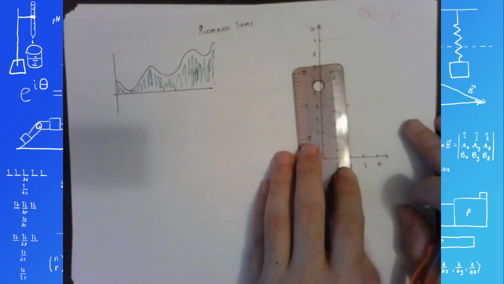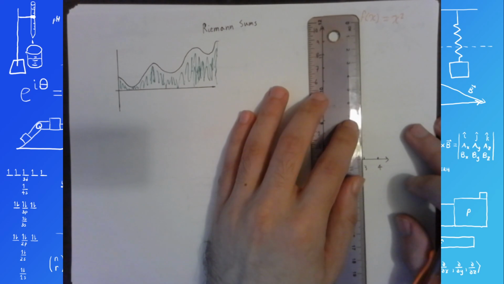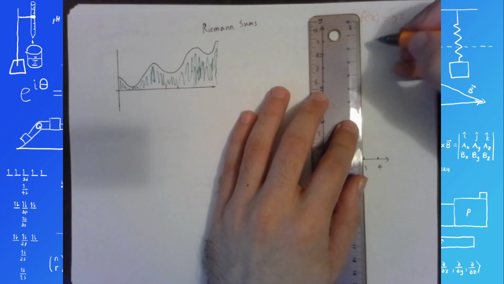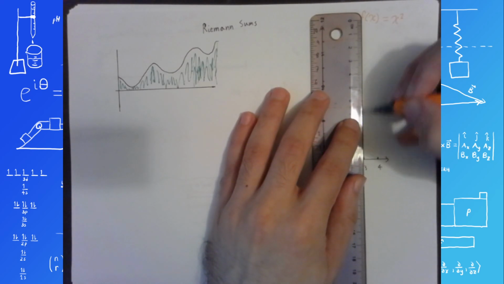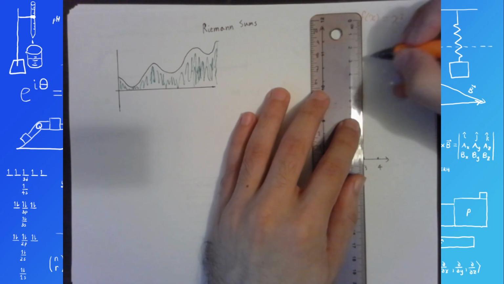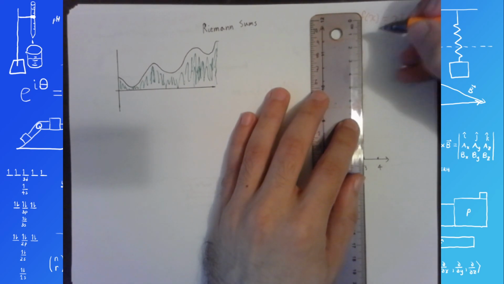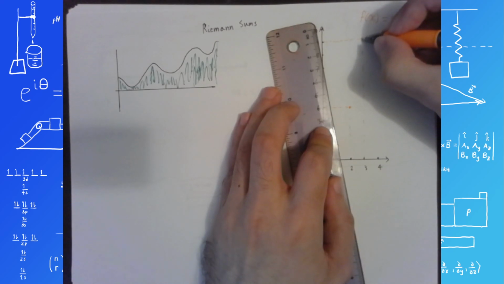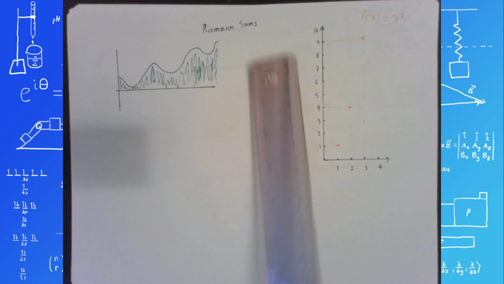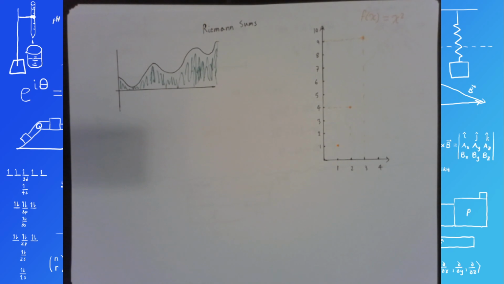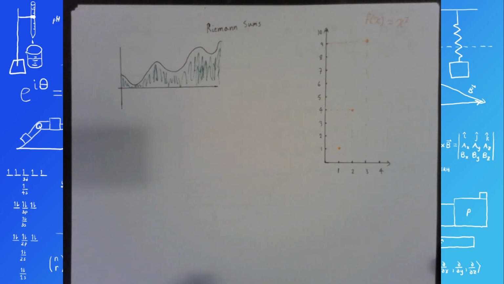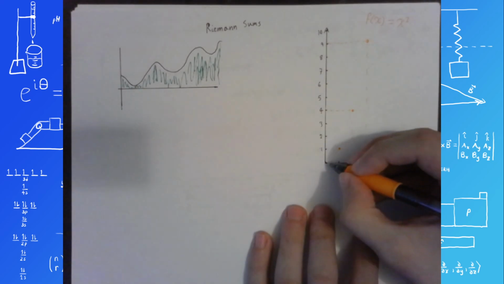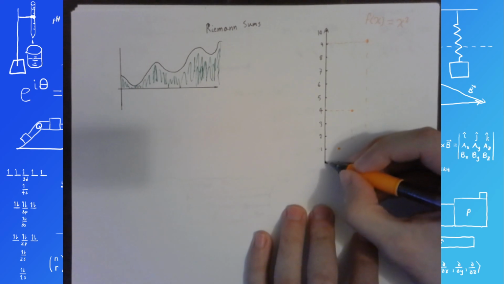And I think I want to actually use my ruler for this. Okay, and we're going to have a point at 3, 9, and it's going to keep going up and up from there. So let's see if I can draw this carefully and make it look convincing.